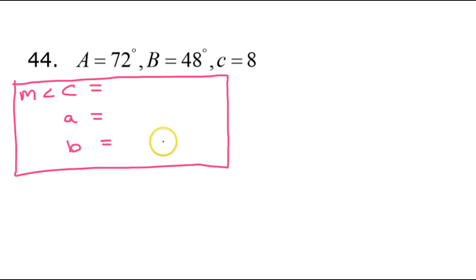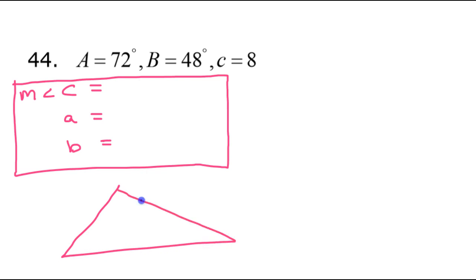Now, here's a picture. Okay, so here's triangle ABC. And they gave me angle A is 72, and angle B is 48, and side C is 8.